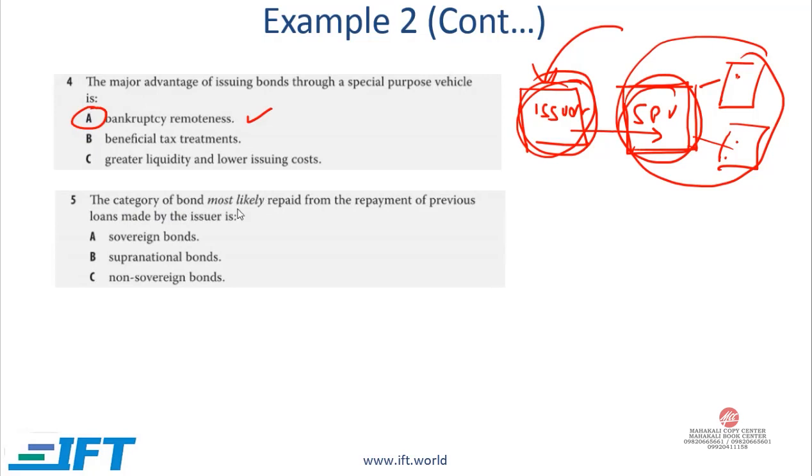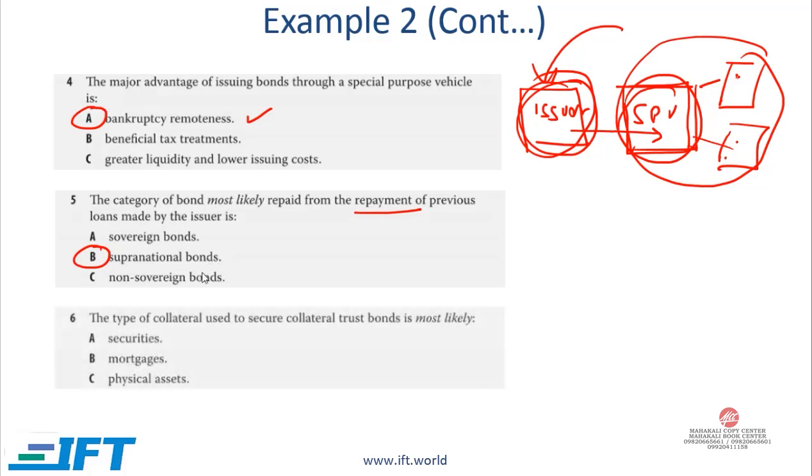The category of bond most likely repaid from the repayments of previous loans made by the issuer is, and we talked about this briefly, supranational bonds. These are bonds issued by organizations such as the World Bank or the IMF.